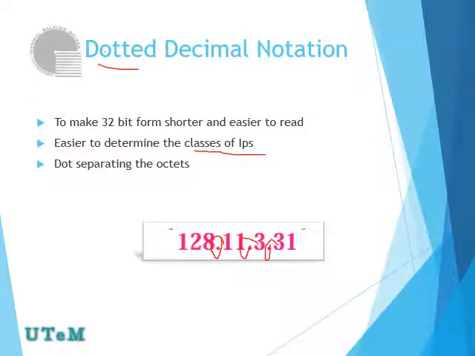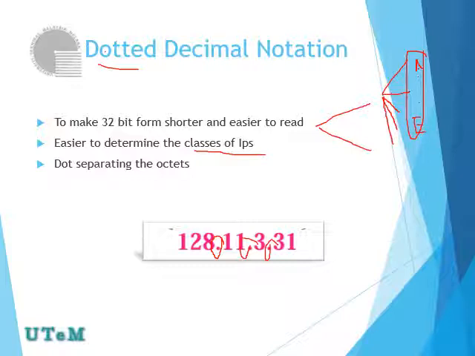Because in IP version 4 we categorize the IP into two: one is classful, one is classless. In classful, we divide into 5 classes. So by representing the IP address in dotted decimal notation, it will be easier to determine the class of the IP address, either class A, B, C, D, until E.